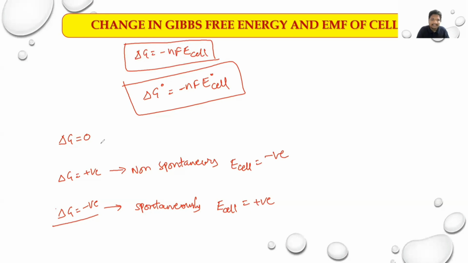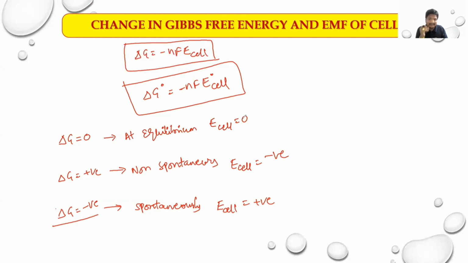If delta G is equal to 0, there is no change in the free energy of that reaction. It means the cell reaction is at equilibrium. In that case E cell will become 0, so there is no flow of current and no cell potential.